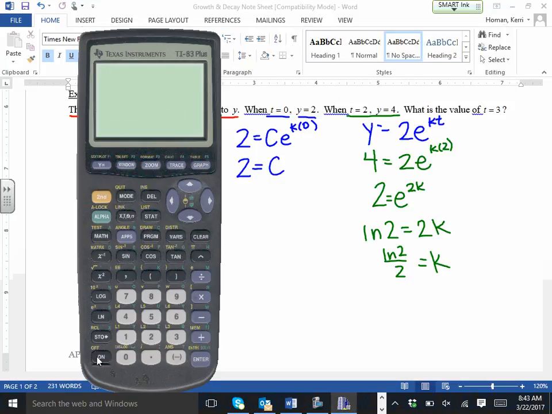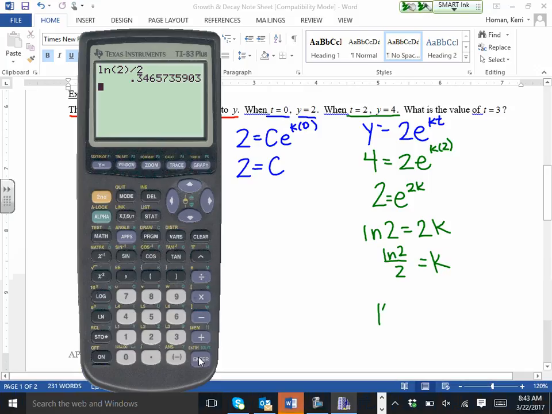Okay, so the natural log of 2 divided by 2, so k equals 0.346574.